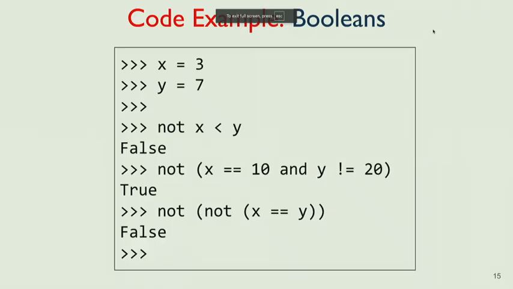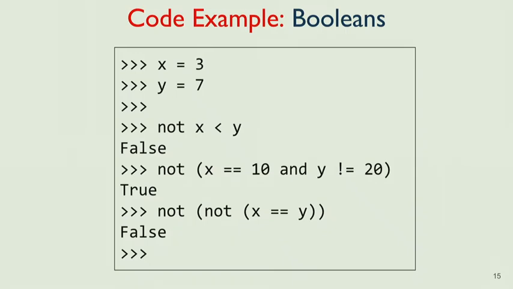So, this is already giving you away the answer, but anyways, same thing as we had before. X is equal to 3, y is equal to 7. Not x is less than y. We know that x actually is less than y. 3 is less than 7, but we had the not, therefore it becomes false. Same thing here. X is equal to 10. We know that that's not true.